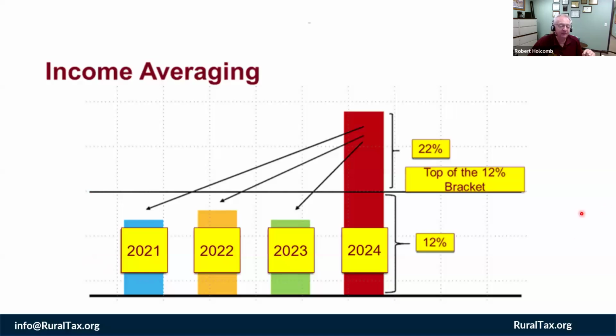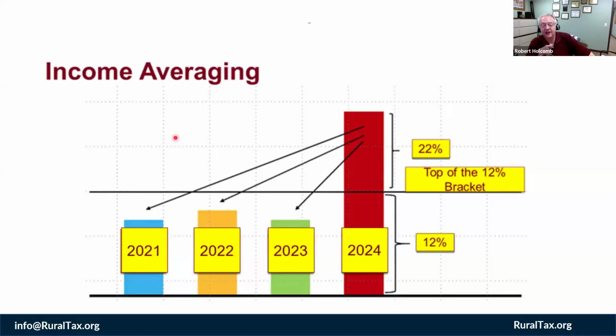But here's the point. In this example, we've got high income in 2024. In 23, 22, and 21, we weren't at the top of the 12% bracket, so we have available 12% bracket in all 3 of those years. What income averaging allows us to do is take some of this excess money here and put it evenly into these prior 3 years.